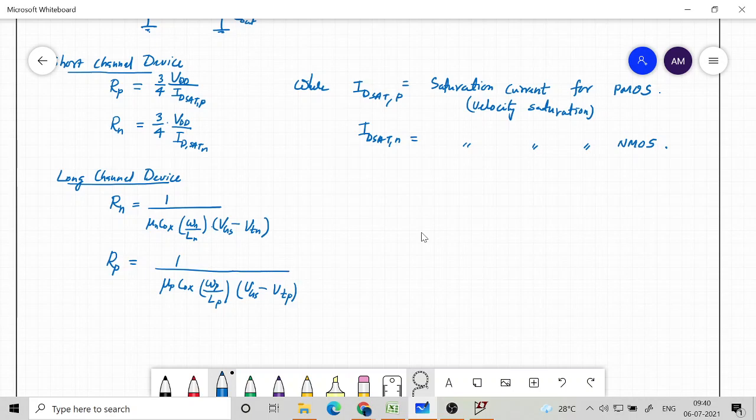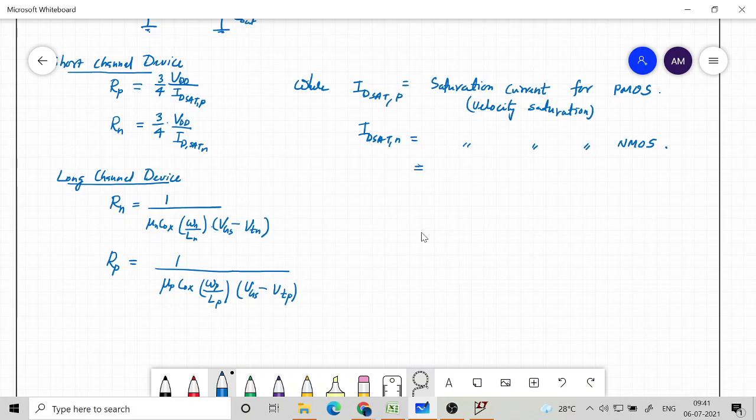So this is what we got. If you are using a long channel device, we can use this expression for Rn and Rp, and for a short channel device we will use the top expression, where IDSAT N and IDSAT P are the saturation currents.